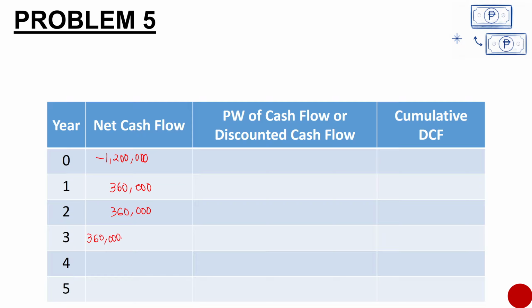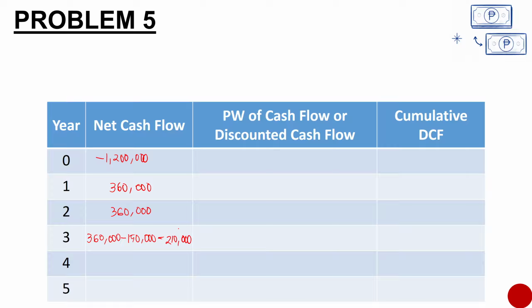However, there was a major repair during this time. That's why we subtract from our benefit the 150,000 pesos. Now, overall, this becomes 210,000 pesos.